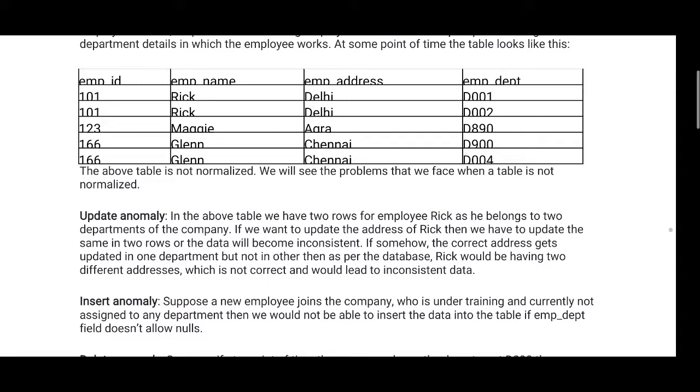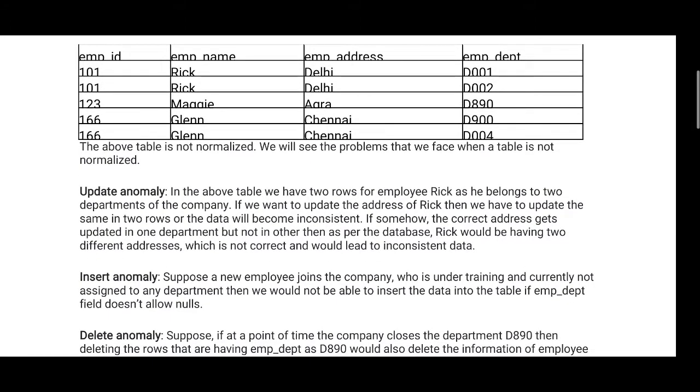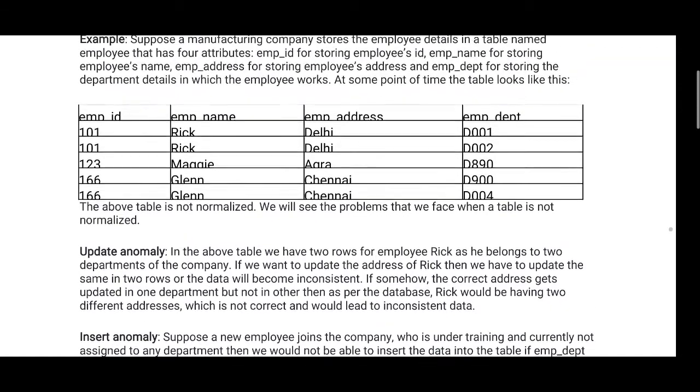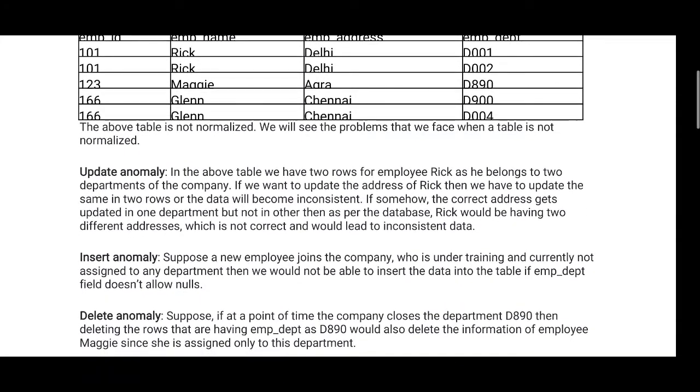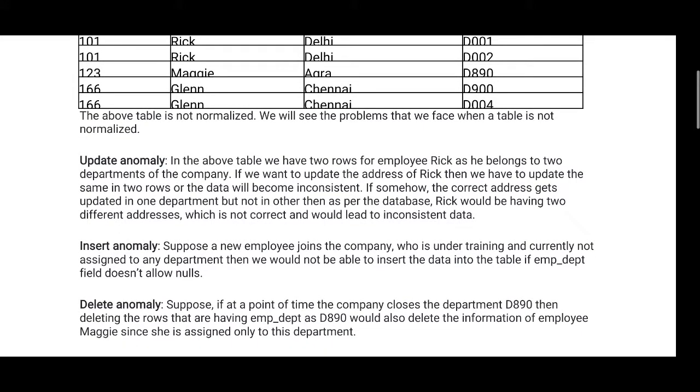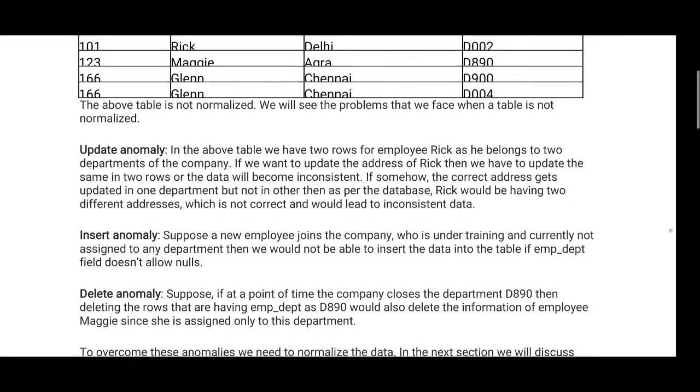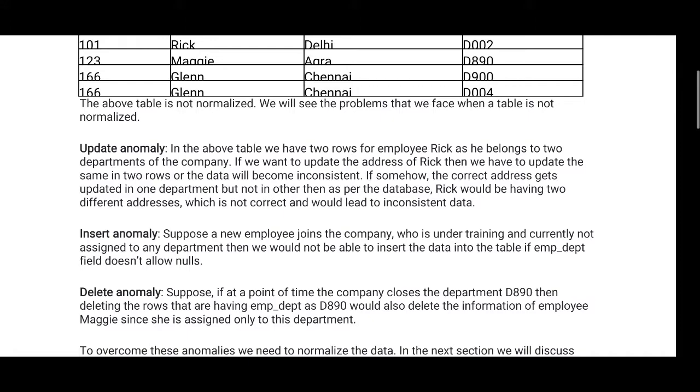In the two rows, employee ID is same, name is same, employee address is same, but the employee is working in two departments. So if we want to update the address of the employee in two rows, data will become inconsistent.